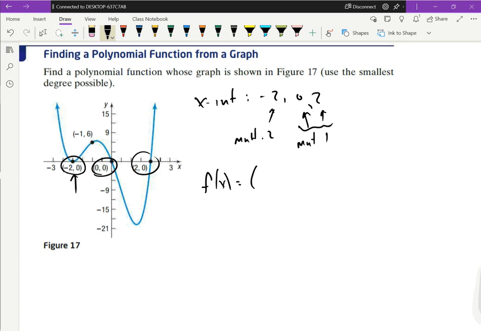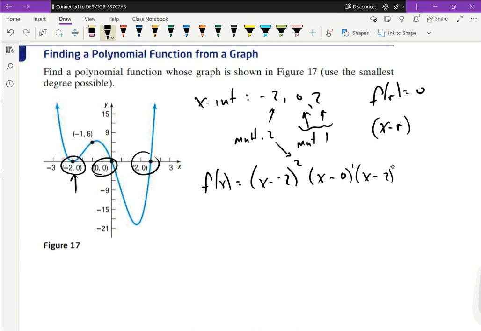Remember, if f of r goes to 0, then x minus r is a factor in the overall polynomial. So we have x minus -2, and because that was an even multiplicity, we put that square in there. Then x minus 0 for this one, and x minus 2 for the third.